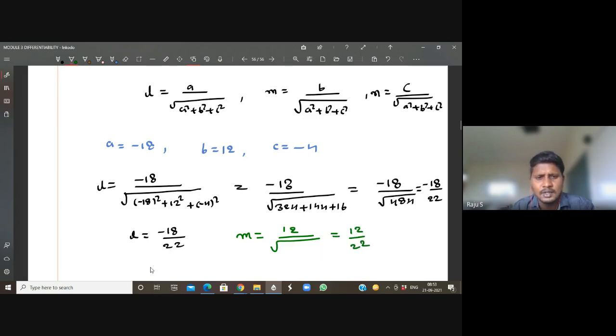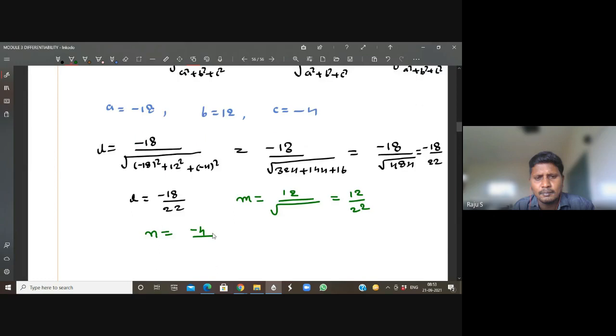In the same way, n is equal to c by the root, minus 4 by 22. But in the exam, in every case you should write m equal to 12 by root over minus 18 square plus 12 square plus minus 4 square. You must write all the steps properly, right?